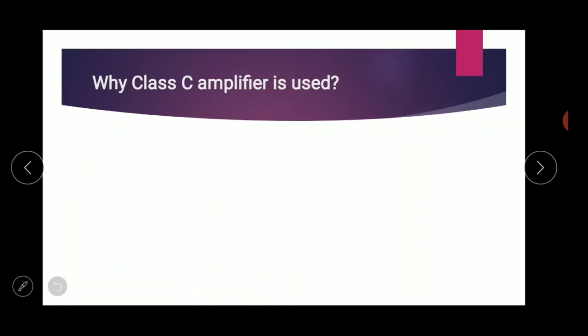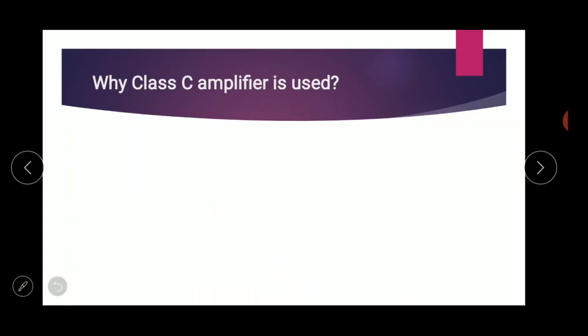So why is a class C amplifier used? As we know, a class C amplifier conducts for less than one half cycle, meaning less than 180 degrees. This improves the efficiency but causes a lot of distortion. But here we use a high frequency carrier signal, so distortion is less.